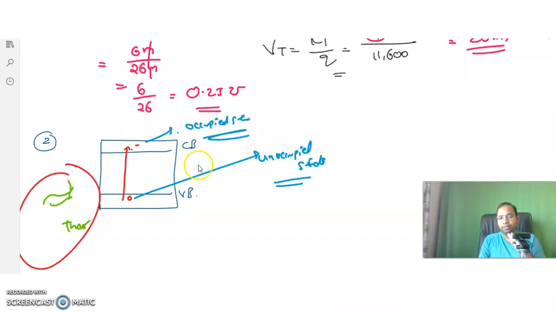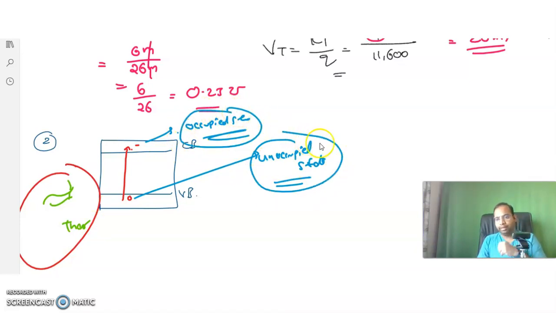So like this we can define unoccupied and occupied states. That means electrons jumping to the conduction band are surrounded by occupied states. Got it? Based upon this concept, unoccupied states can be taken as holes, and occupied states can be taken as electrons.